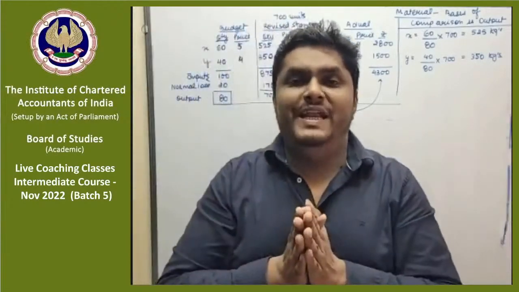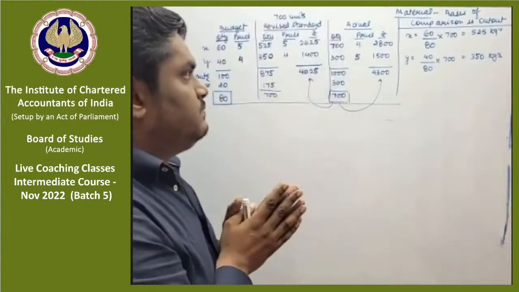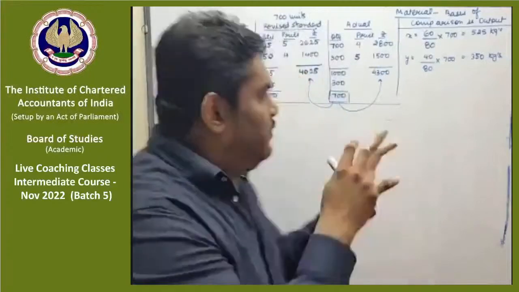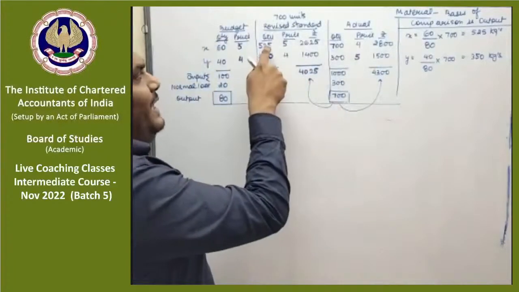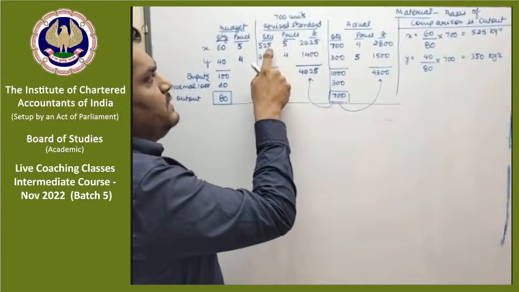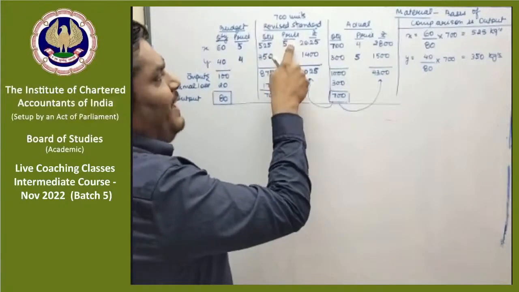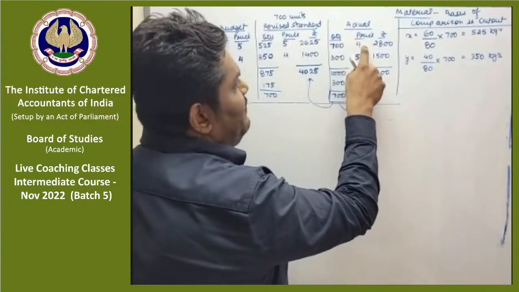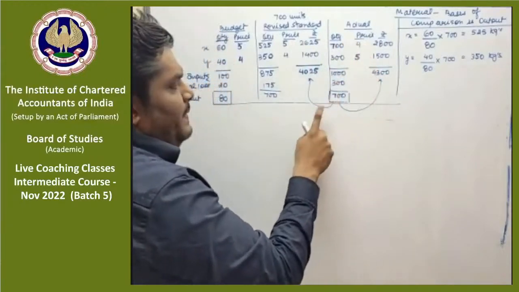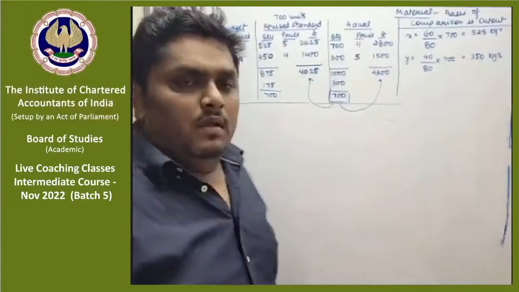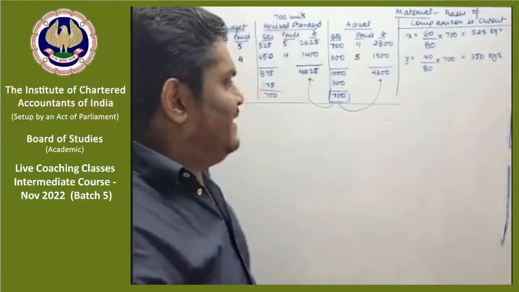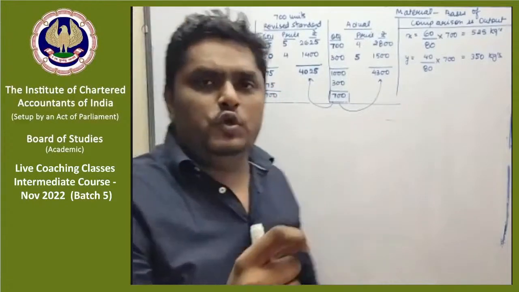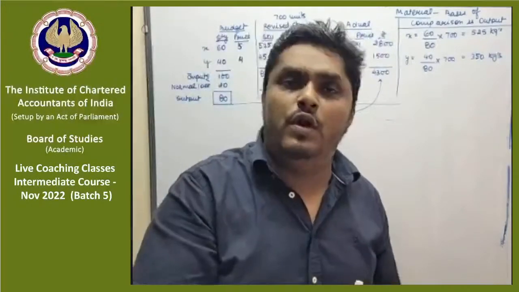So, I repeat again, guys. For manufacturing these 700 units, 525 kgs of X was supposed to be used at the rate 5, but we used 700 kgs of X at the rate 4. Similarly, for manufacturing 700 units, 350 kgs of Y was supposed to be used at the rate 4.